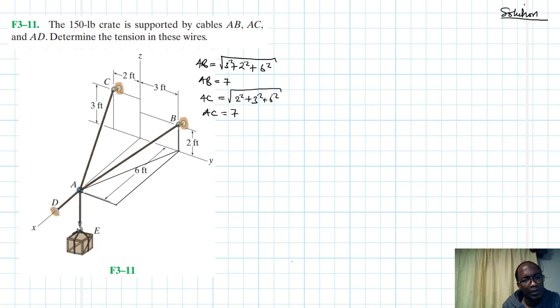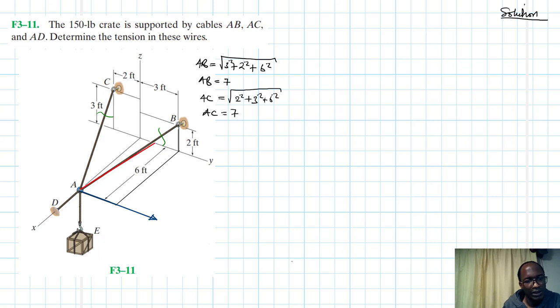So for these components, you're going to have a component in this direction like this, and a component in this direction like this. And this value is just equal to AB, mind you.